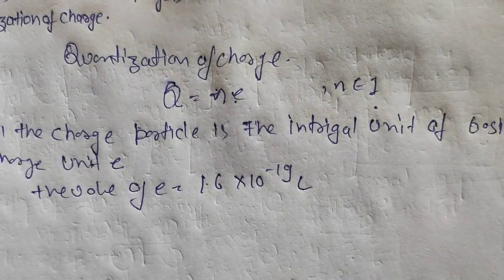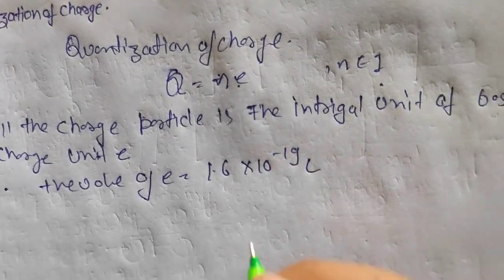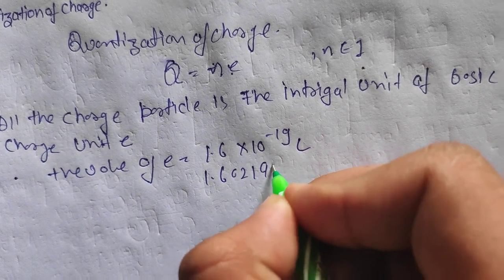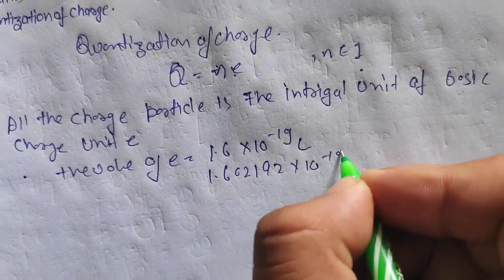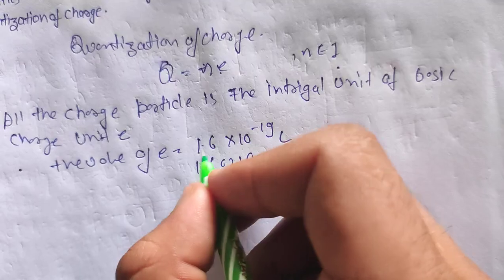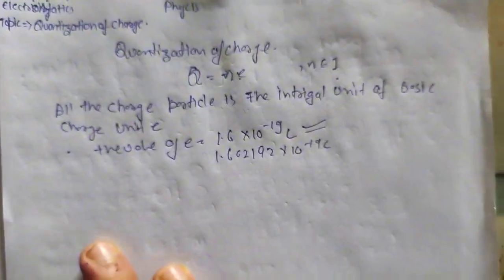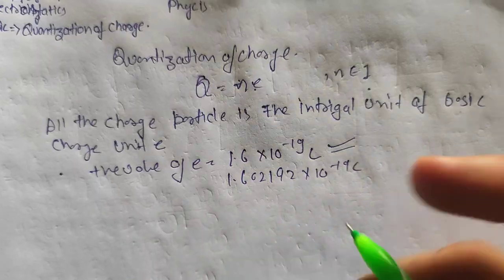Sometimes the more precise value is 1.60219 into 10 to the power minus 19 coulomb, but it is okay to use 1.6 rather than these long values.